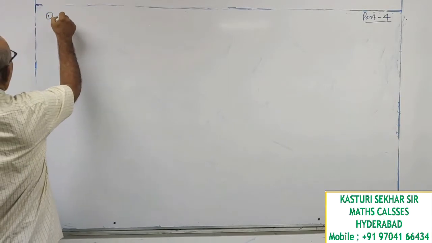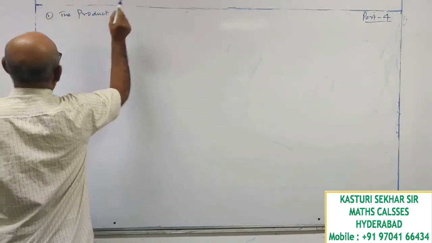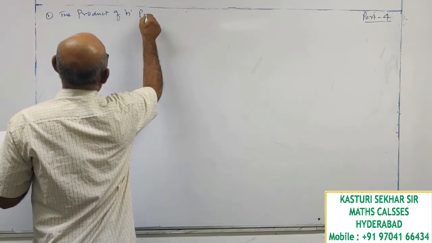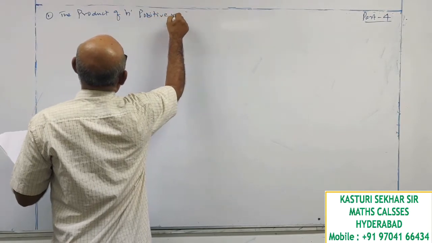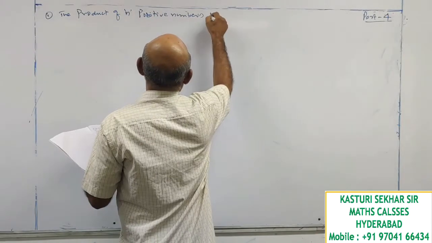First question, sir. The product of n positive numbers is unity.